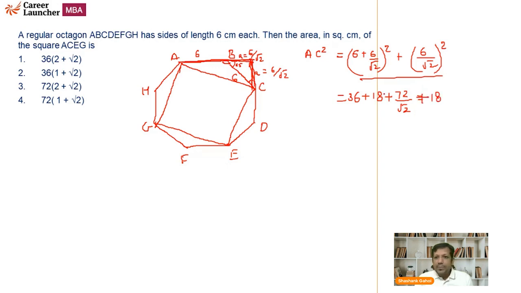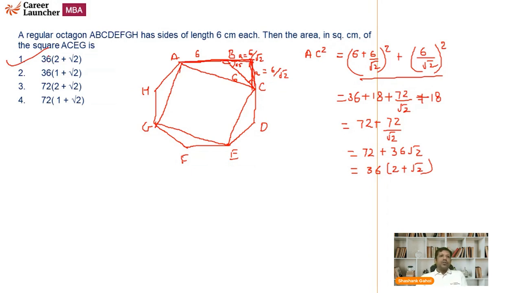So 36 plus 18 means it is going to be 72 plus 72 upon root 2, or I can say 72 plus 36 root 2. So I can simply say 36 common, 2 plus root 2. Do we have any option like this? That is option 1. So my answer to this question is going to be option 1.